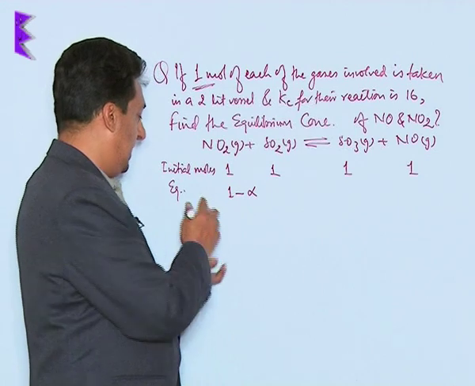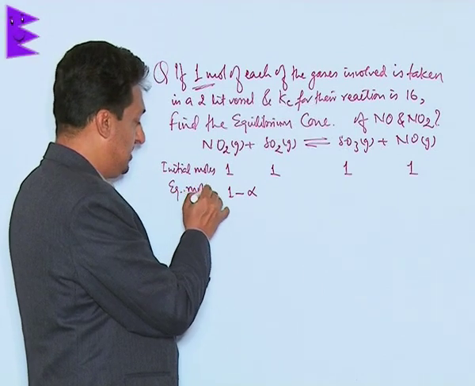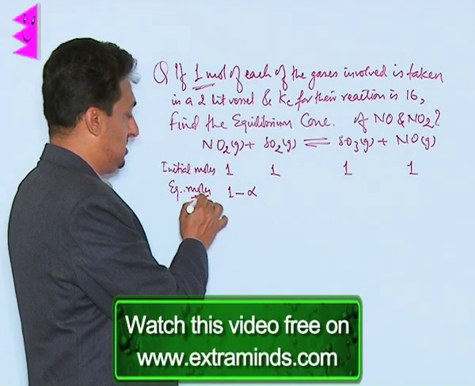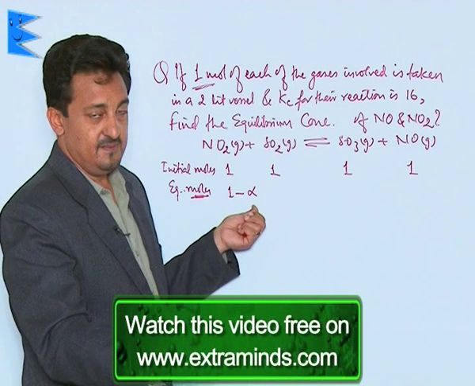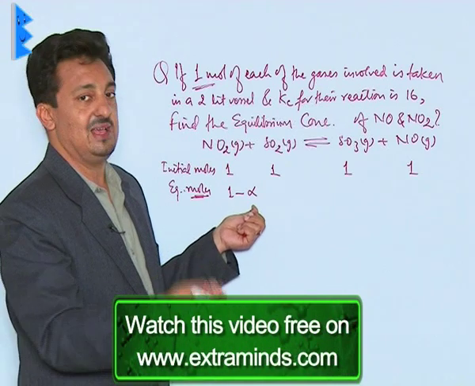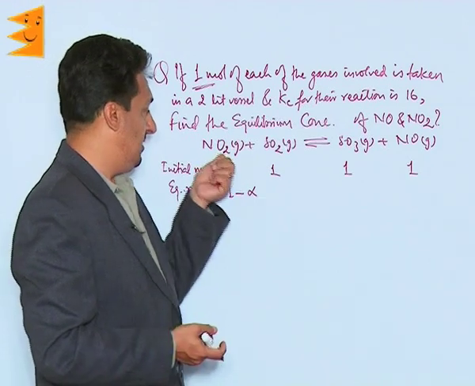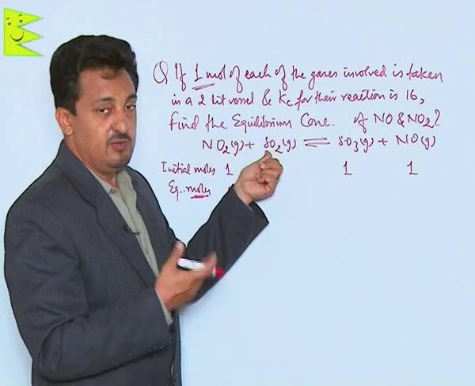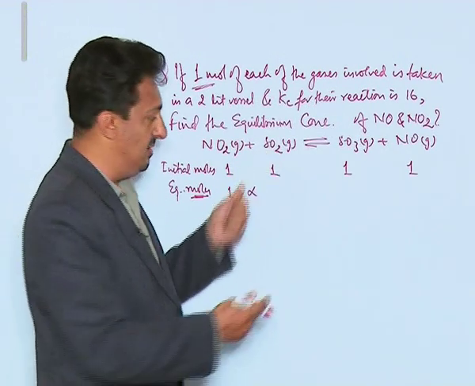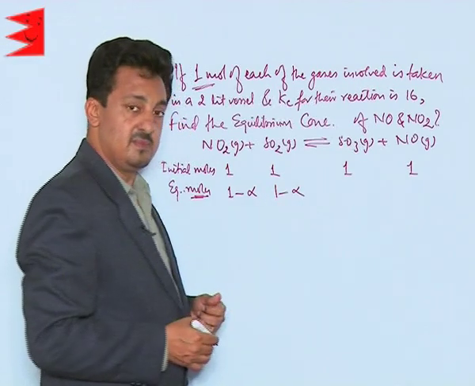so at equilibrium, we can write the moles, equilibrium moles of NO2 will be 1 minus alpha, because alpha has reacted. How much are left? 1 minus alpha. Similarly, definitely alpha moles of SO2 will react. So what will be the moles of SO2 left at equilibrium? It will be 1 minus alpha.